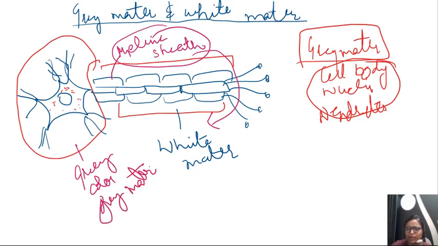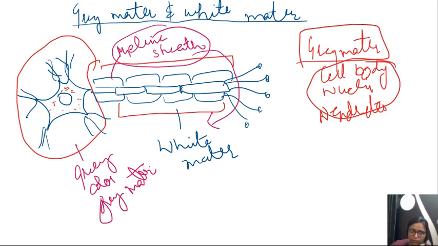Understand? It's very easy. Now you know the concept. It's very simple. All the material including your cell body and the nucleus which do not have the myelin sheath gives the appearance of grey color, so it is called your grey matter. Otherwise the axonal part which has the myelin sheath gives the appearance of white color, so it is called the white matter.